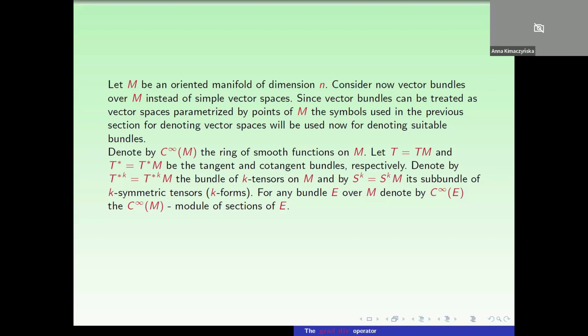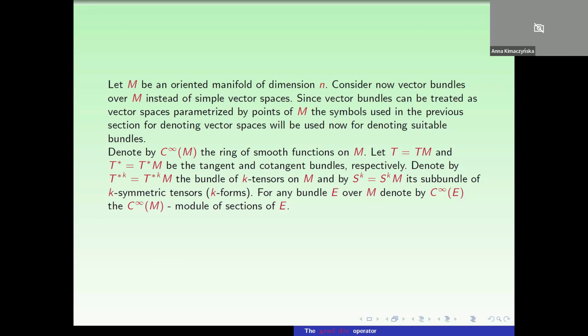Denote now C infinity of M, the ring of smooth functions on M, and TM, T*M, the tangent and cotangent bundles respectively.